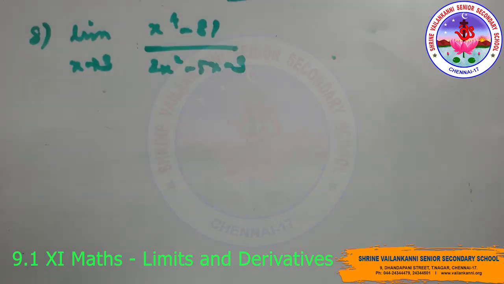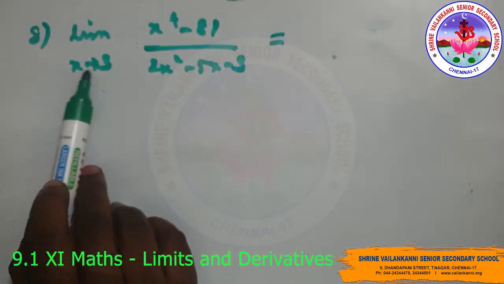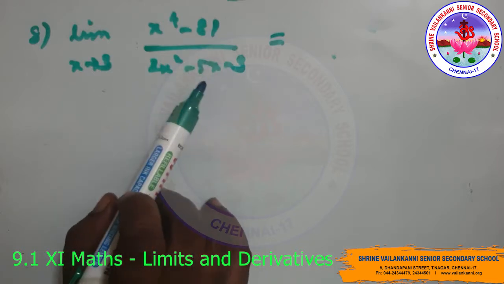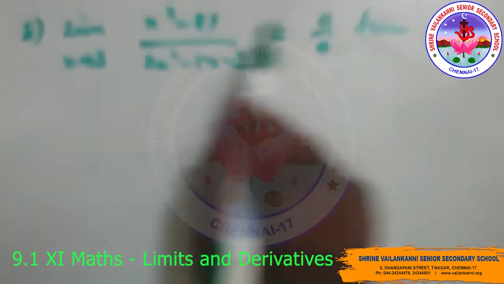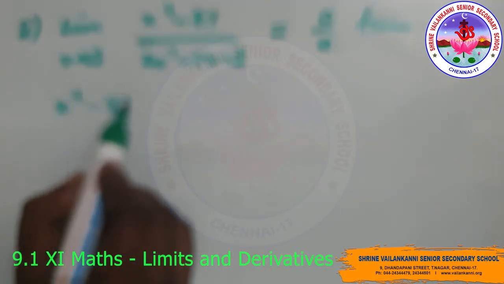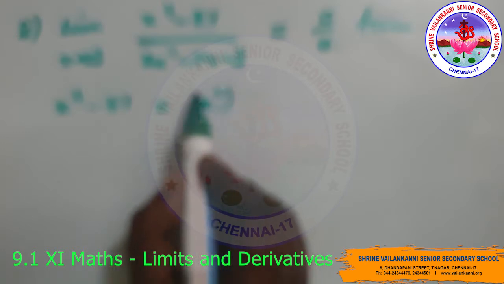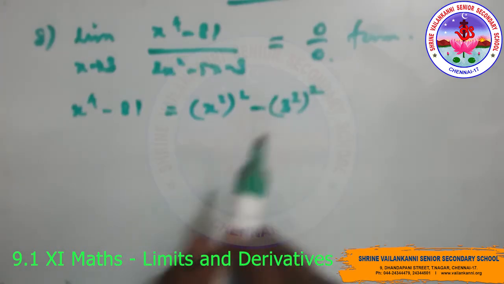Eighth question is, limit x tends to 3, x power 4 minus 81 by 2x square minus 5x minus 3. So when we take x equal to 3, we get 0 by 0 form. So using the identity in the numerator, x power 4 minus 81, that is x square whole square minus 3 square whole square.